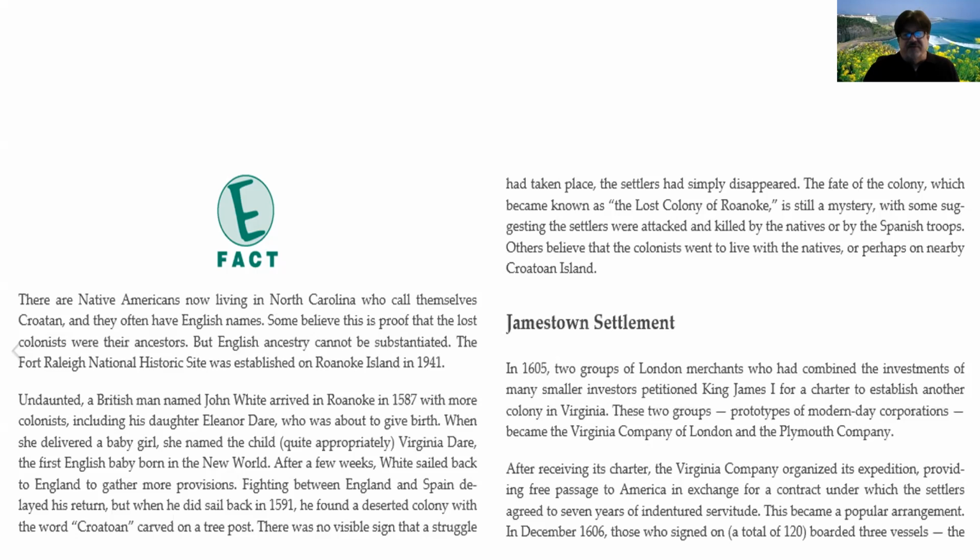That's a big one. I'll have to explain that. This became a popular arrangement. In December 1606, those who signed on, a total of 120, boarded 3 vessels, and then they'll say the name. So before I turn the page, I have to go over some things here.